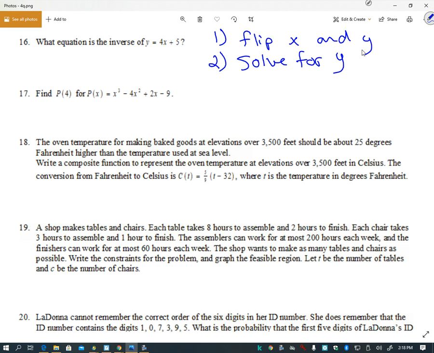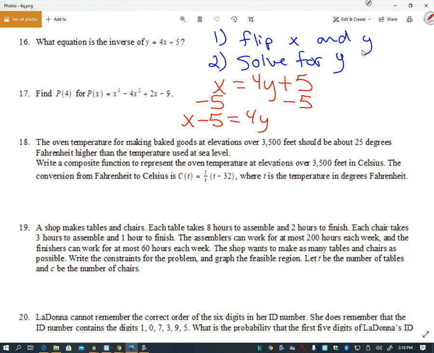So we should already know at this point that x equals 4y plus 5. Now I want to solve for y. What do I do? Subtract 5 from both sides. That's going to give me x minus 5 equals 4y.